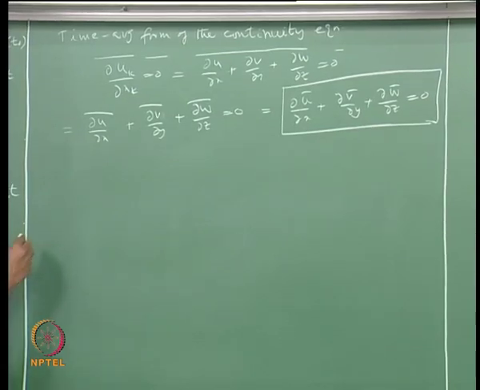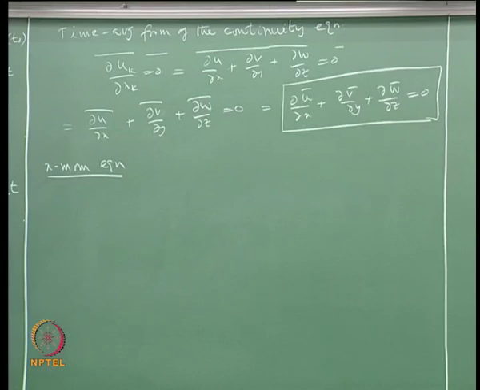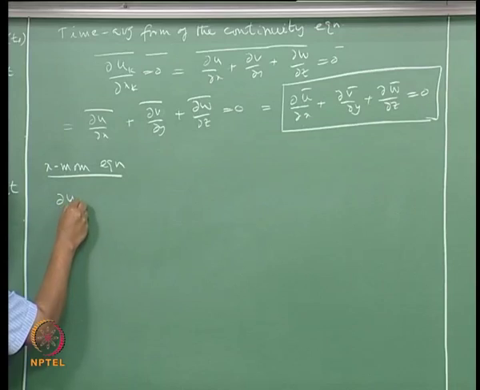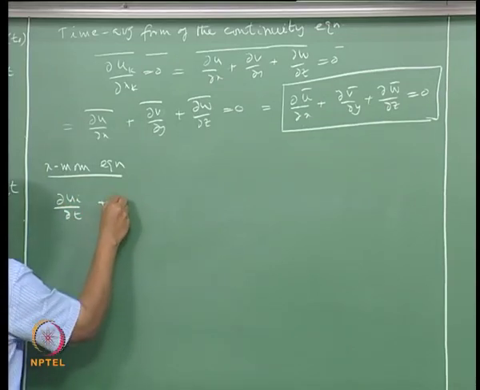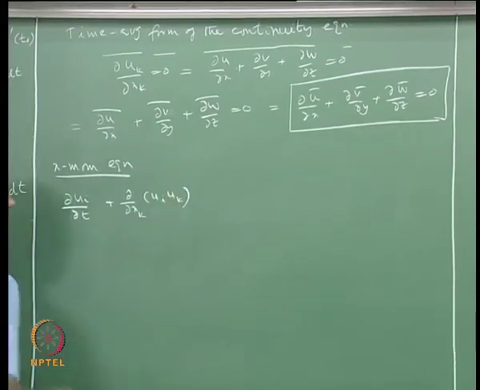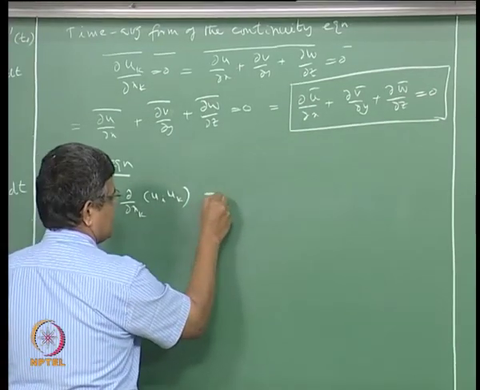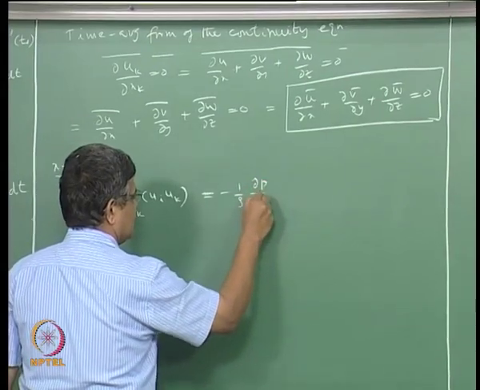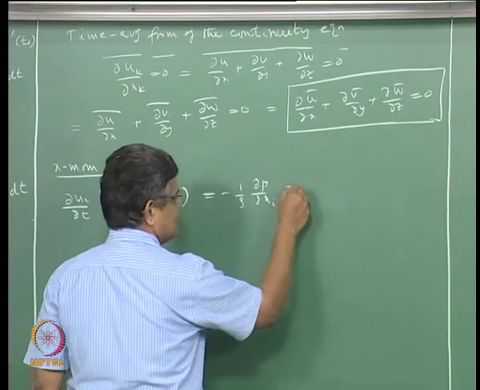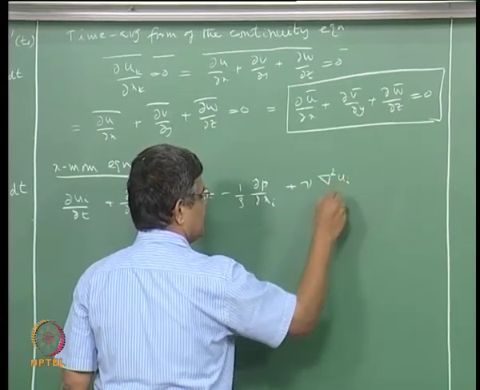Now let's take the x momentum equation. Again we take the incompressible form, therefore we can write this as ∂u_i/∂t + ∂/∂x_k of (u_i u_k) is equal to minus 1 by rho ∂p/∂x_i plus nu del square u_i.